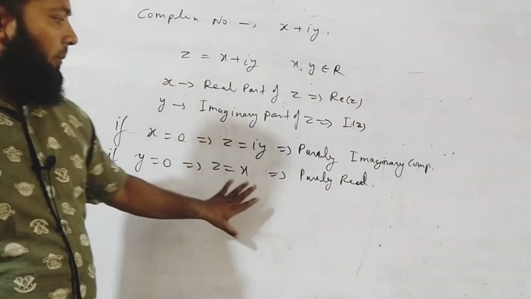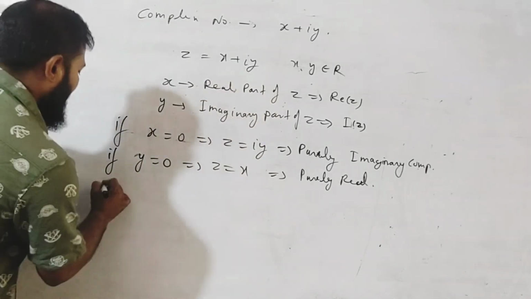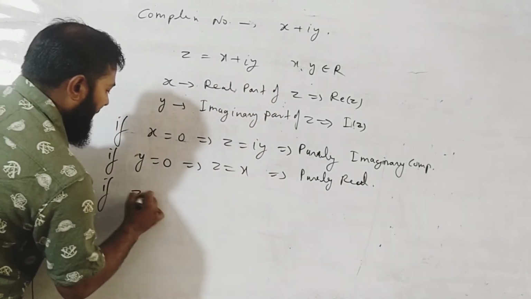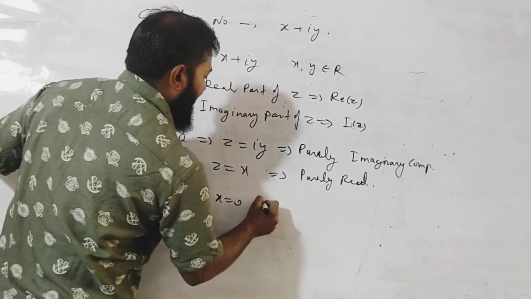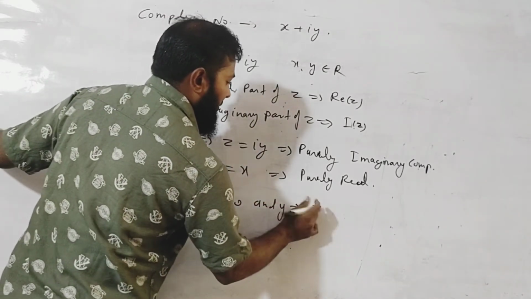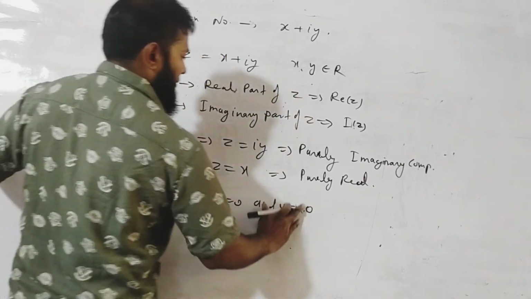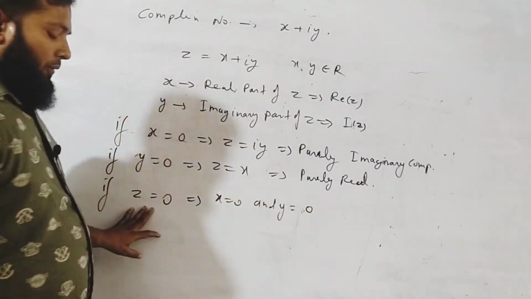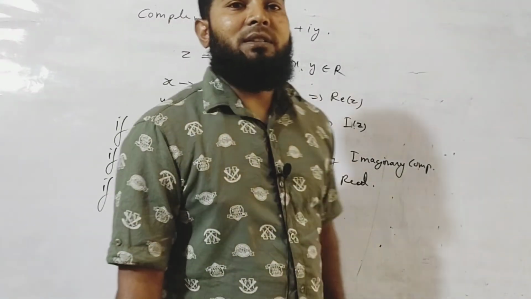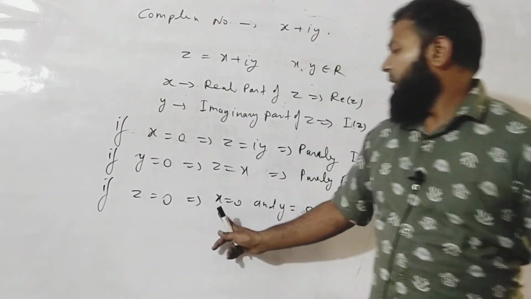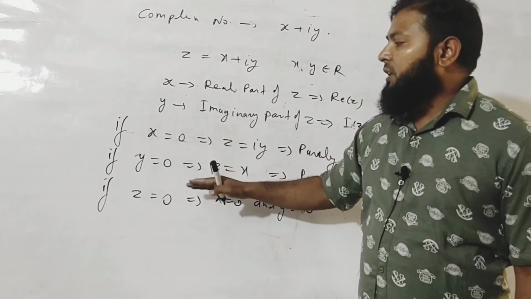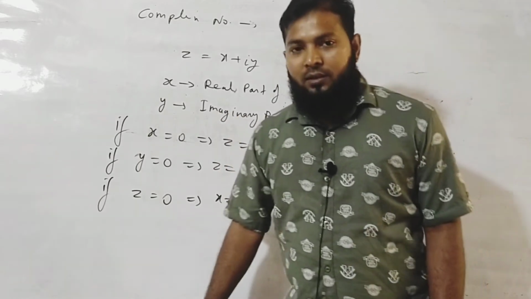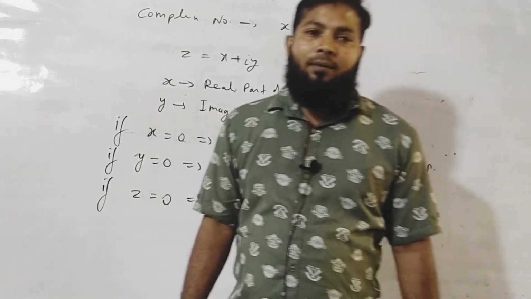If z equals 0, it means x equals 0 and y equals 0. It means if any complex number is equal to 0, then the real part of z and the imaginary part of z are both 0. These three standard results you will have to learn.